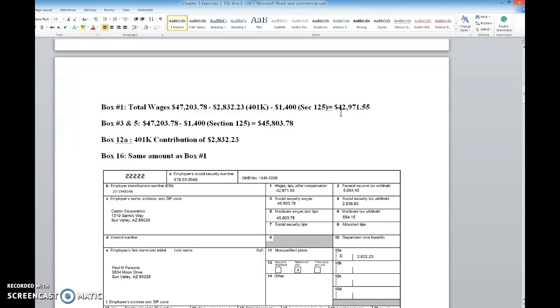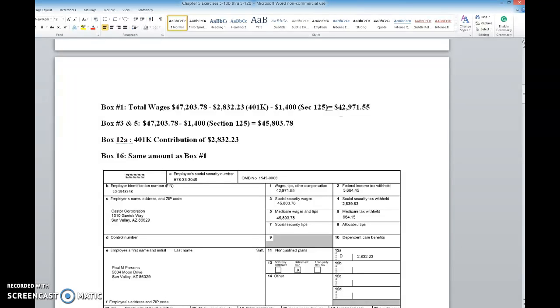On box number 3, the amount of wages that is subject to Social Security and Medicare. Now remember, back in Chapter 4, if the employee elects to participate in Section 125 cafeteria plan, they are not subject to Social Security tax.